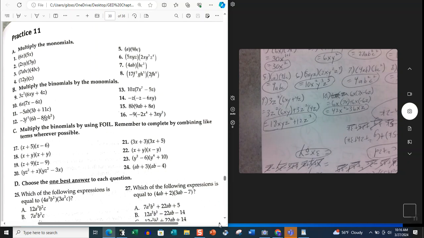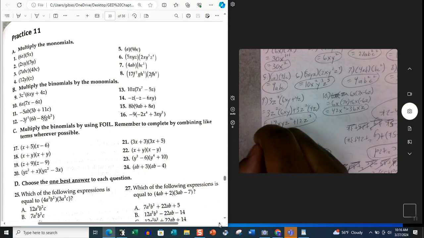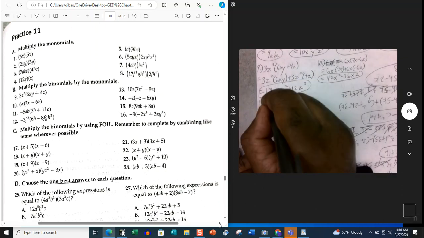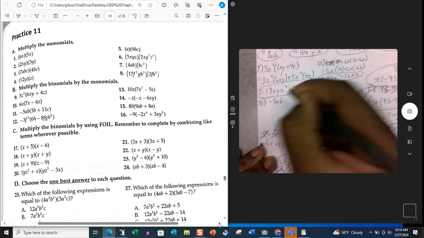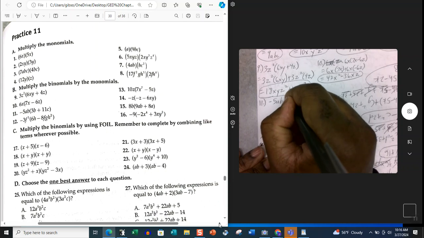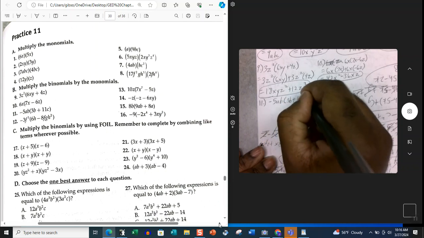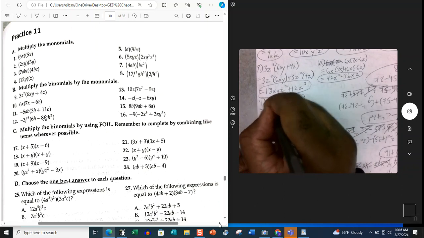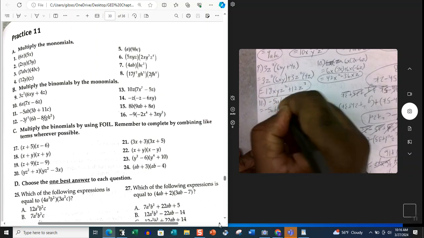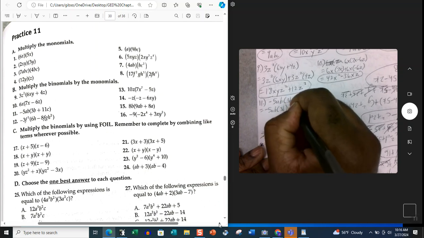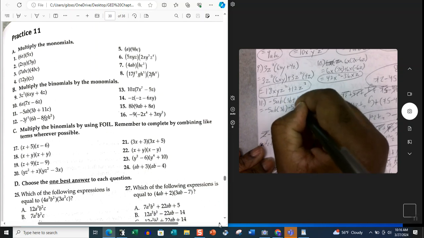Okay, now, we look here at problem number 11. Problem 11. We have negative 5ab times 3b plus 11c. So we'll take negative 5ab times 3b, and then negative 5ab times 11c.